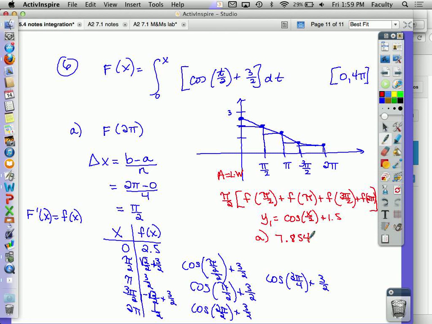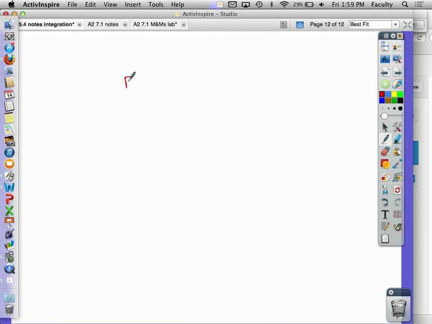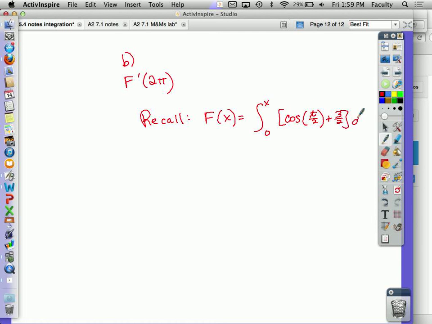Letter B says find f prime of 2 pi. And what we wrote on the other side, if capital F of x is the integral from 0 to x of cosine t over 2 plus 3 halves dt, then we know by the fundamental theorem of calculus that F prime of x equals f of x, and in this case, that's the cosine of x over 2 plus 3 halves, okay?